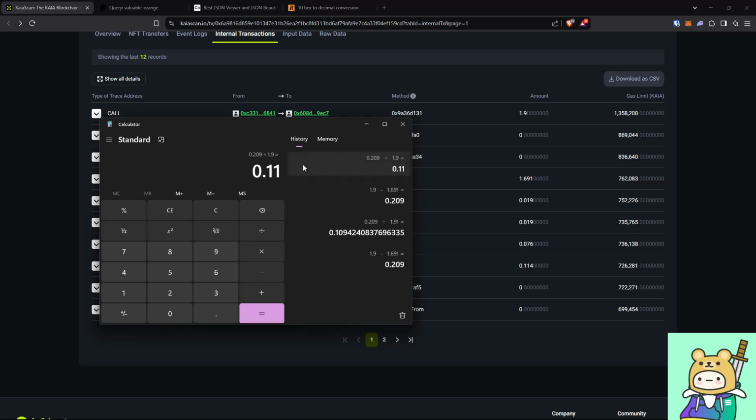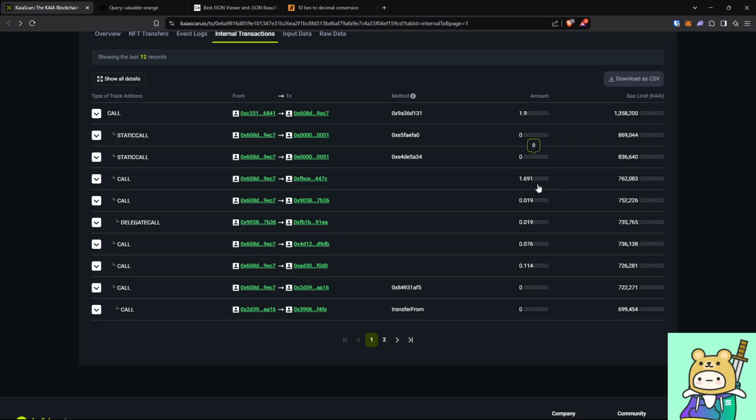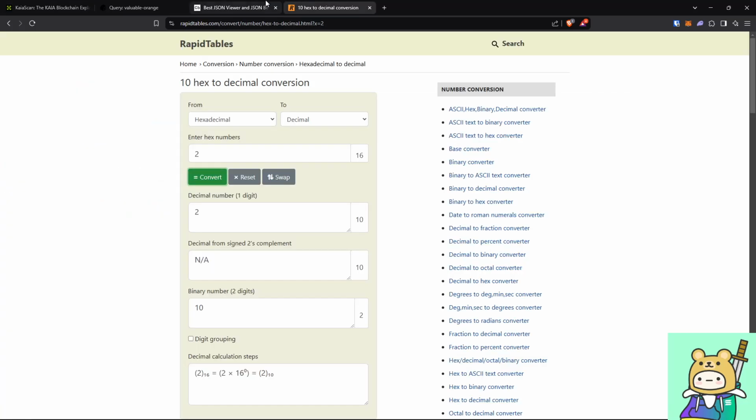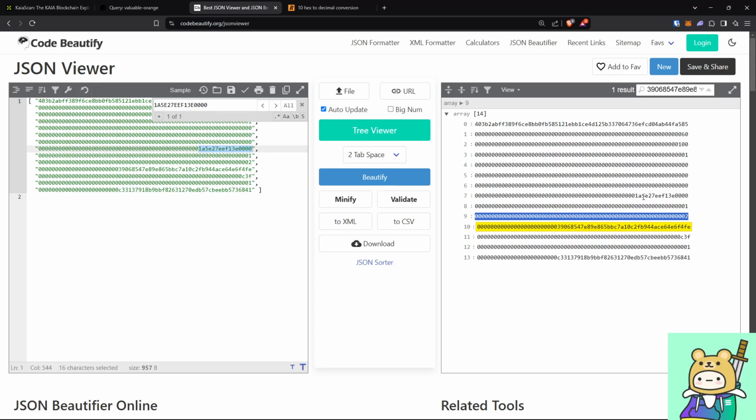It's 11% taken out as fees. 1% platform fees and 10% royalty. So the 2 here doesn't really help. I think that's fine. So from here, we already know several things.